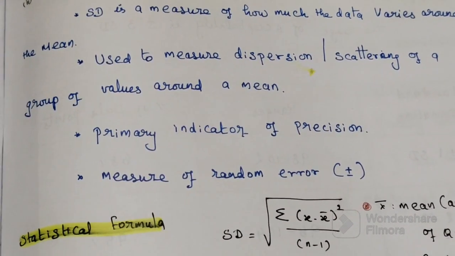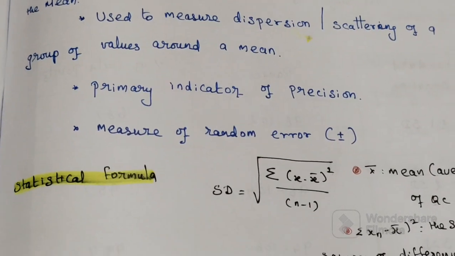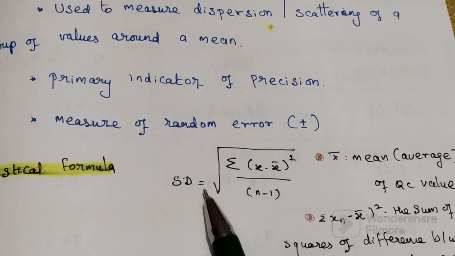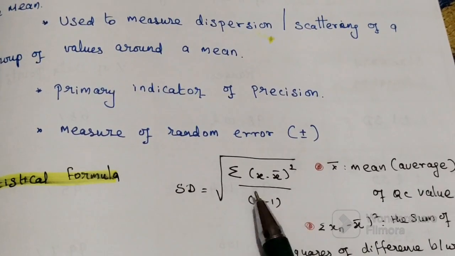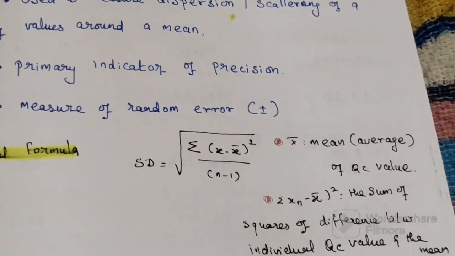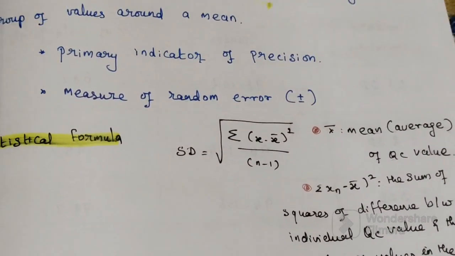This standard deviation is calculated using this formula: the square root of sigma (x minus x bar) whole squared, divided by n minus 1.